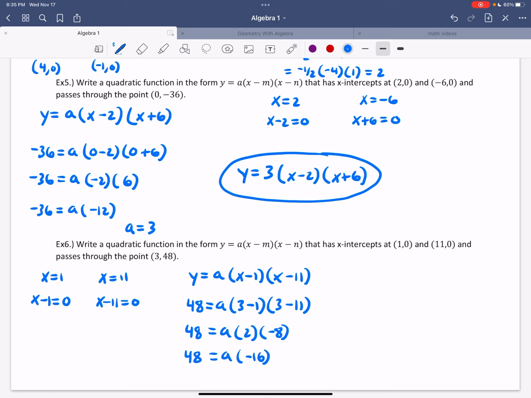So then we divide both sides by negative 16, and I get a equals negative 3. So last step is to put it all together. y equals negative 3 times x minus 1 times x minus 11. Circle it, be proud of that, show that off.